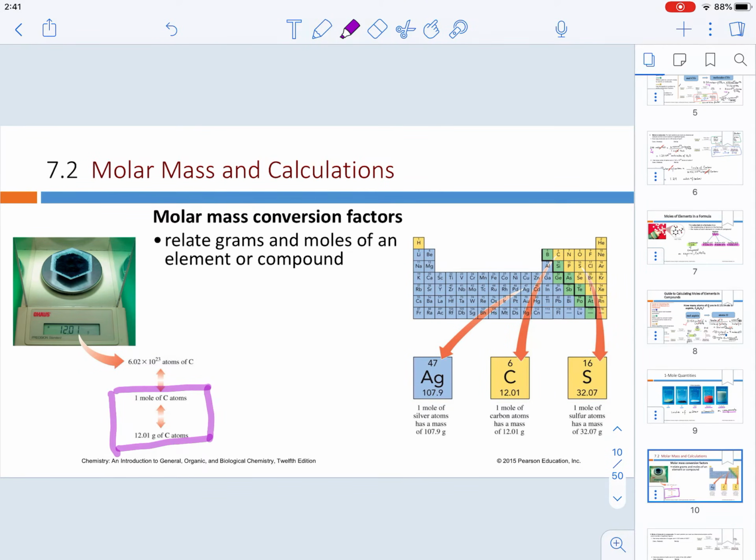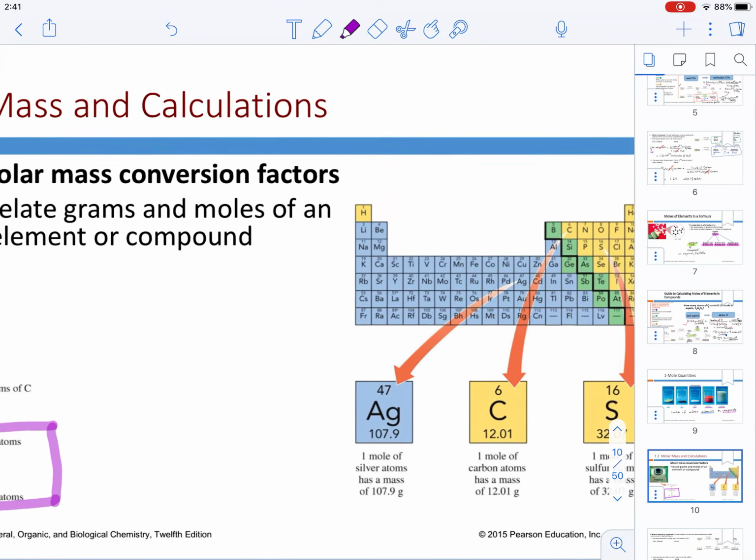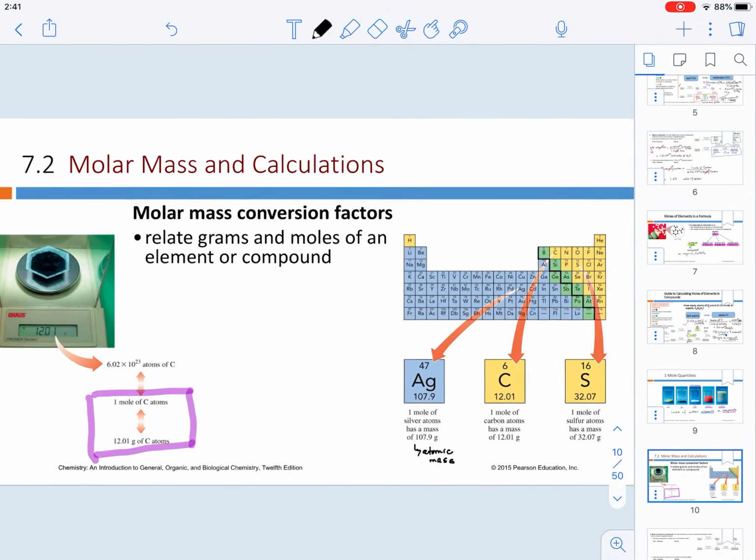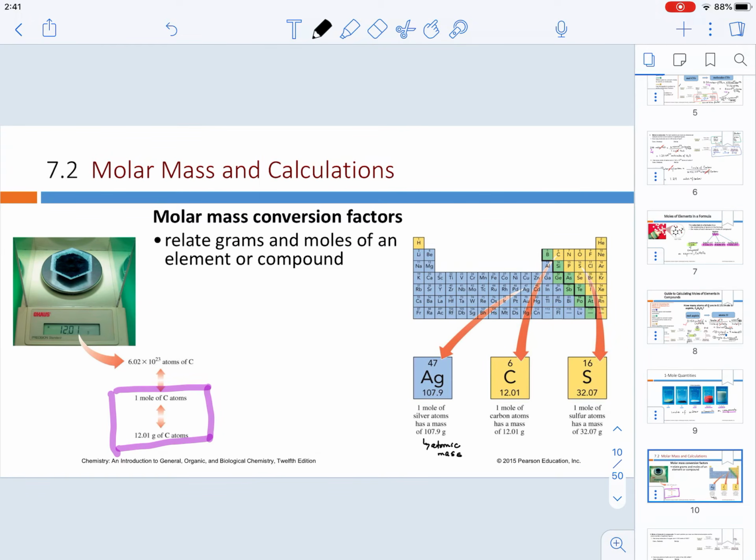As you can see here, as we focus on the following elements, silver, carbon, and sulfur, I'm just going to zoom in. 1 mole of silver atoms is going to have a mass of 107.9 grams, which is the atomic mass for the element. And that is true for any element in the periodic table. The relationship between 1 mole and grams is going to be the atomic mass for the element.